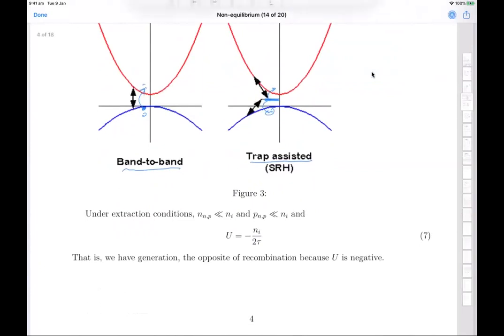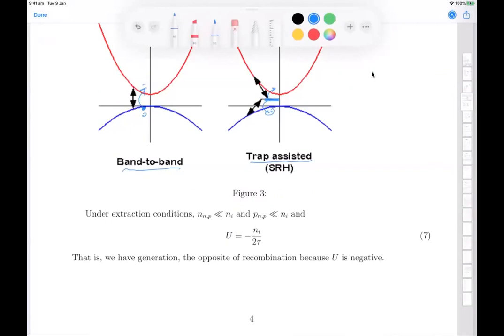Now we can look at the theory of these cases. We're not going to do that in this unit. We can come to a derivation of the lifetimes, but we're just going to accept that those numbers are given to us.